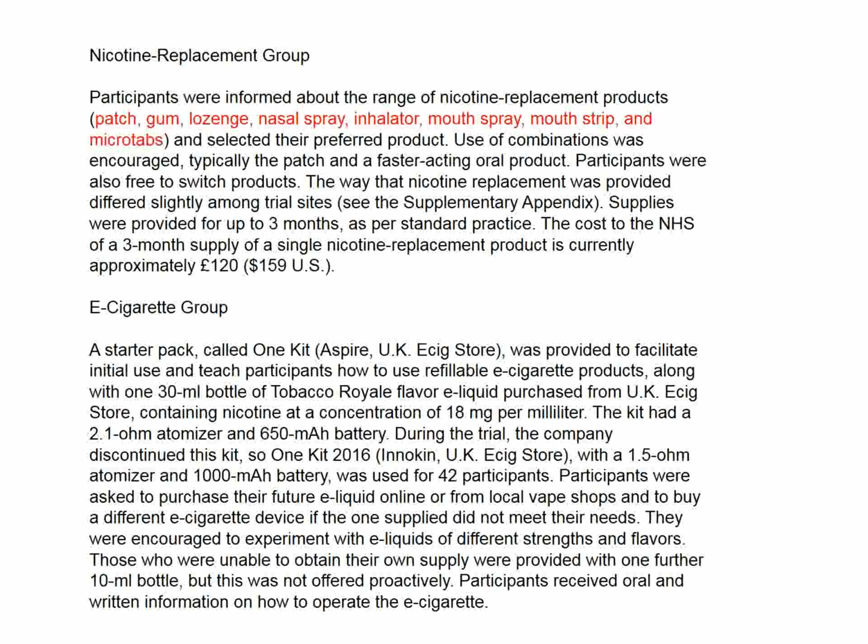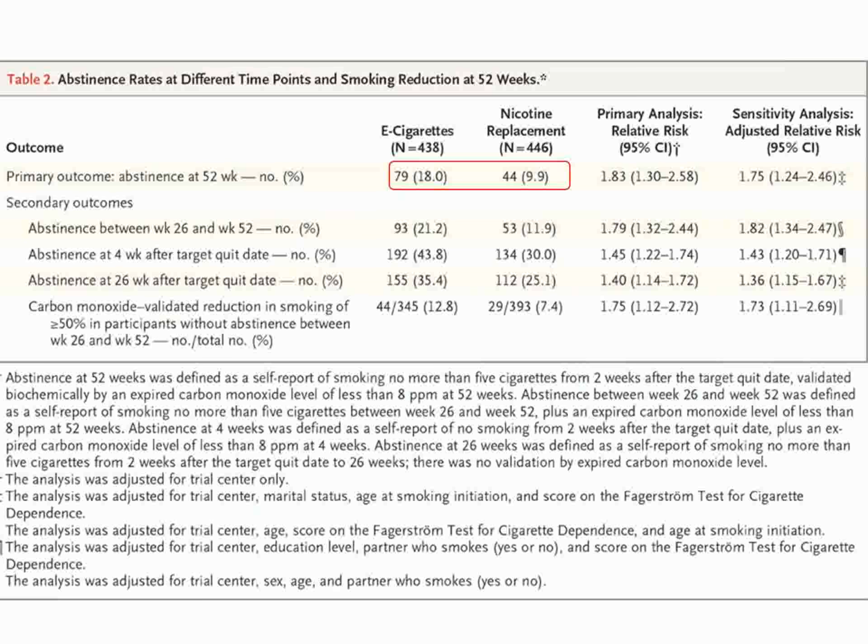And that's shown here. So the nicotine replacement group got patches, gum, lozenges, nasal spray, various ways in which nicotine can be delivered to keep people off of cigarettes. And the vaping group got a starter pack, and you can inspect details by reviewing the file.